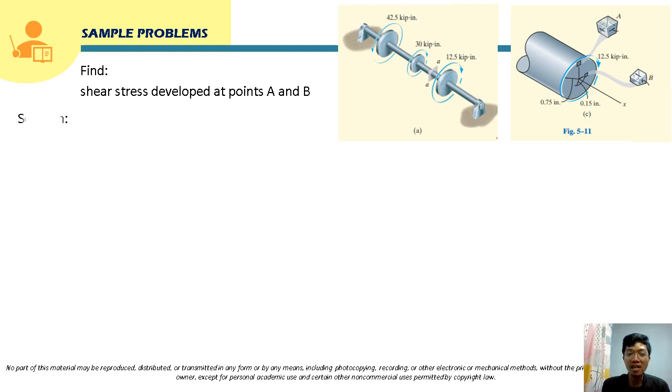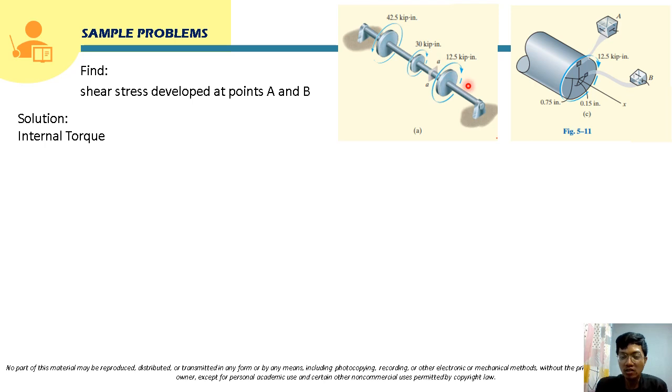So to solve this class, we have to solve first for the internal torque. We are going to solve the internal torque here at section AA. To solve for that, we are going to cut this shaft through section AA.